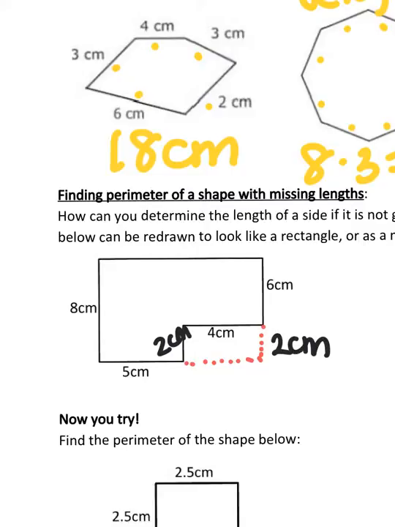In the same way, across the top, if I were able to draw a straight line straight across, this section is 5 and this section is 4. So this length right here is 9 centimeters. Okay, so now you just need to make sure that you have all the sides. So we've got this side, here, here, here, and here. Once you have all of those sides accounted for, now you can just add them up.